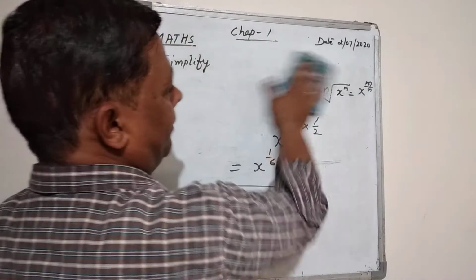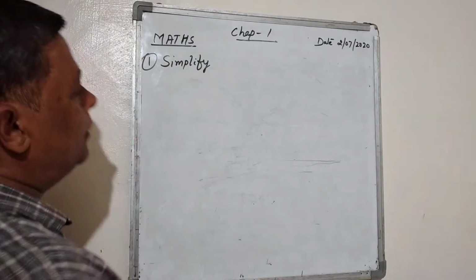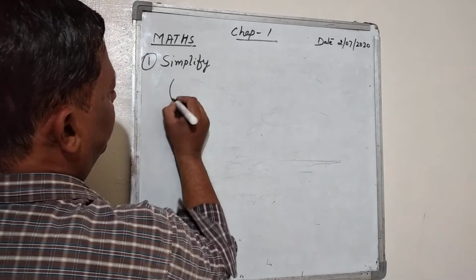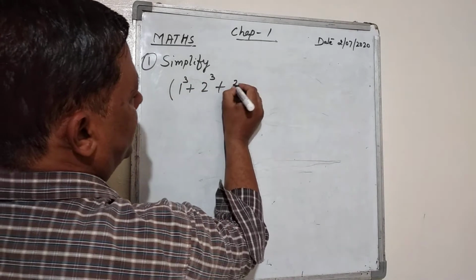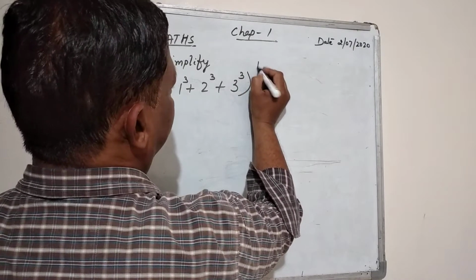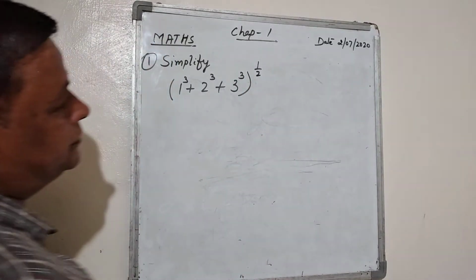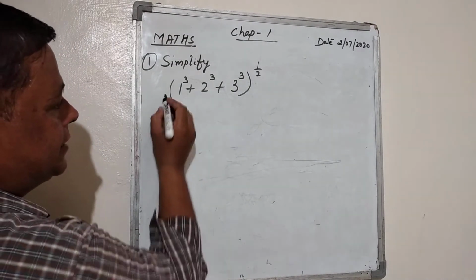So we can find out the simplification of this question. Now we have another question, that is simplify 1 cube plus 2 cube plus 3 cube raised to the power half. We solve it and we find out the value of that.